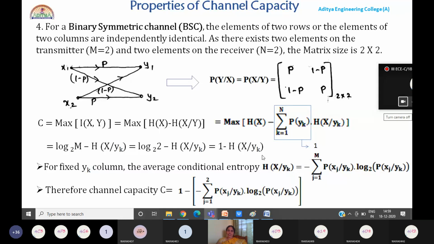So this is the expression for the average conditional entropy. I just represented the expression for the average conditional entropy.